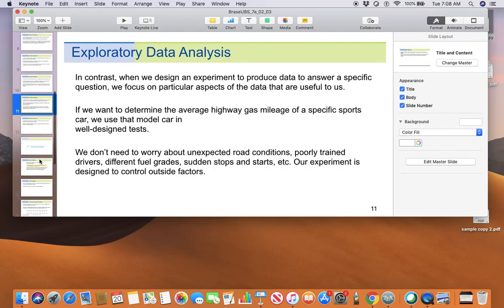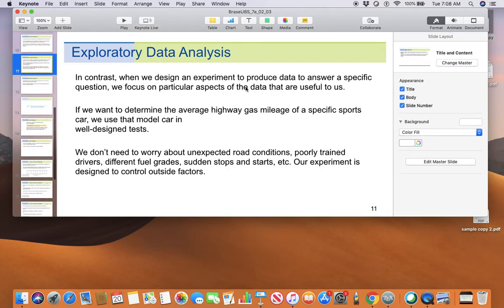In contrast, when we design an experiment to produce data to answer a specific question, we focus on particular aspects of the data. If we want to determine the average highway gas mileage of a specific sports car, we use that model car in well-designed tests.